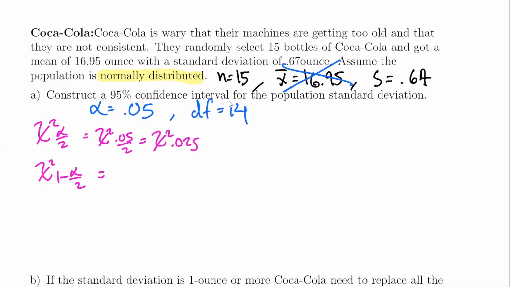So chi-square of 1 minus alpha divided by 2 is chi-square of 0.975. Any question on how I got those chi-square values?